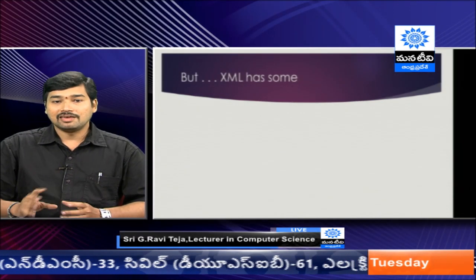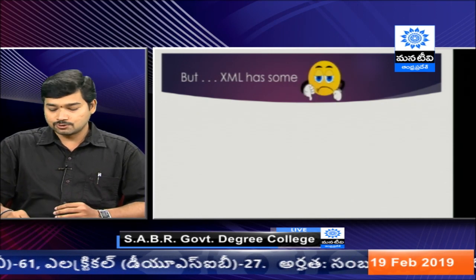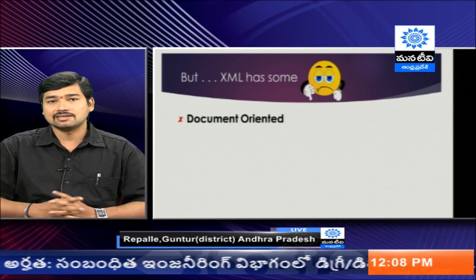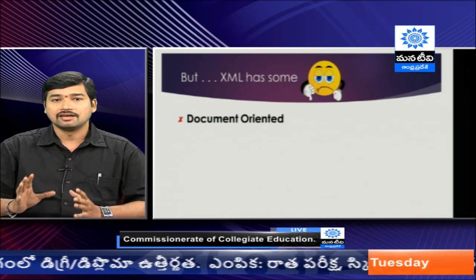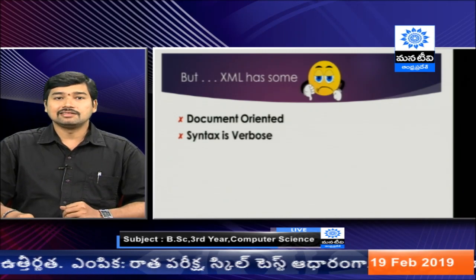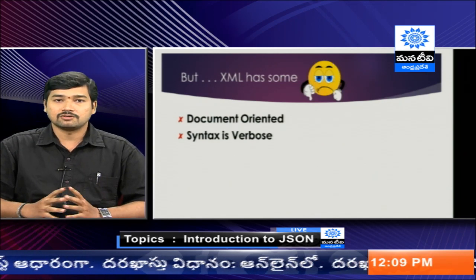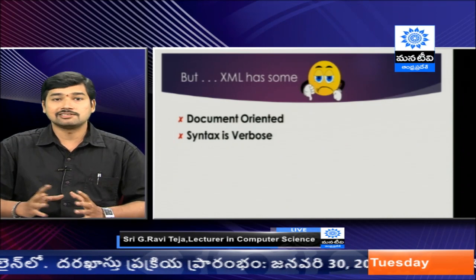Even though XML has a number of features, it has some drawbacks also. It is document oriented, meaning whoever designs an XML page defines it for a particular application only, and the syntax is verbose. Compared to HTML, in XML you have your own defined tags, but it is not as flexible as HTML.